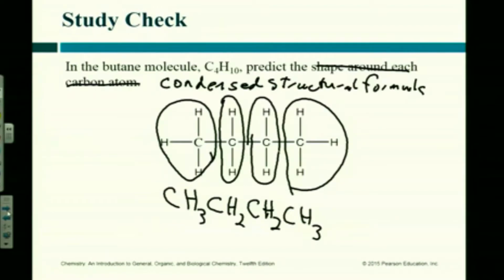There are different ways that you could take C4H10 and draw different structures. This structure, as it's drawn, is represented by this condensed formula. The molecular formula is C4H10, but it does not necessarily mean it's butane. There are other possibilities, and we're going to get there.